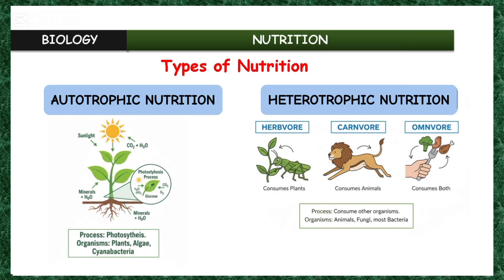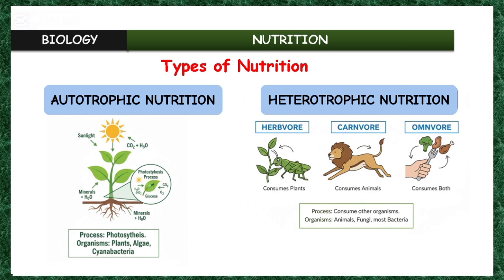Now, under autotrophic nutrition, there are some things we should know. Number one, how are these organisms able to manufacture food themselves? They make use of energy, and the type of energy used by the organism is also very important to classify the type of autotrophic nutrition.